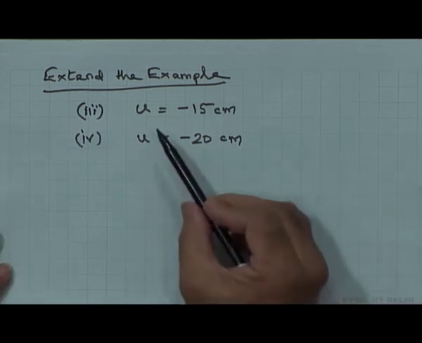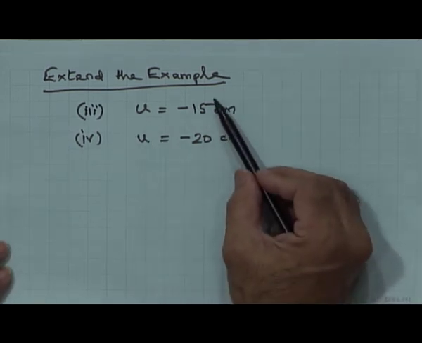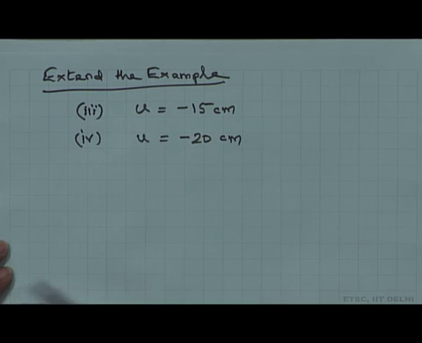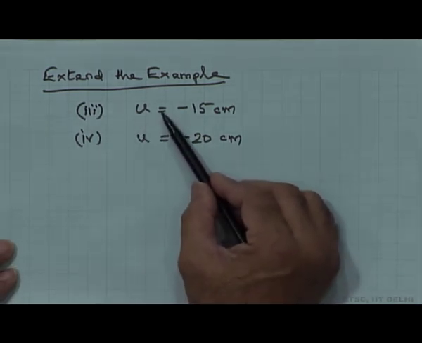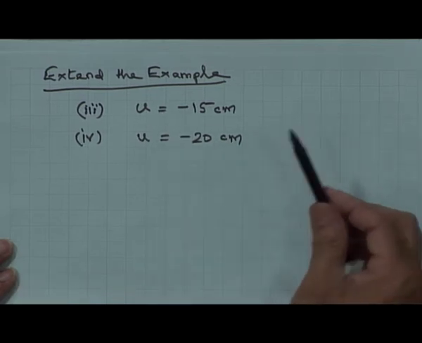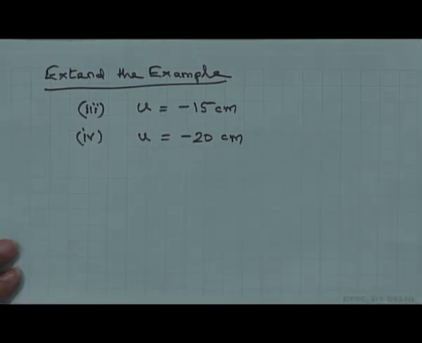We have seen for u equal to minus 10 centimeters and u equal to minus 5 centimeters. In one case we had a magnified real image, and in the other case we had a magnified virtual image.